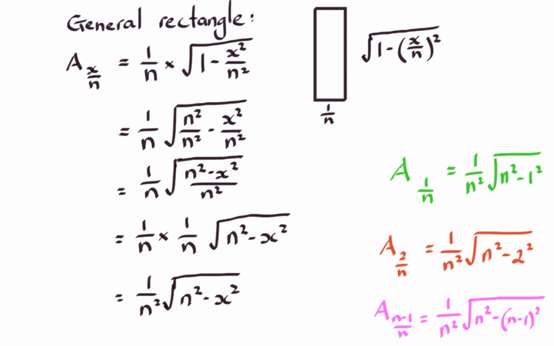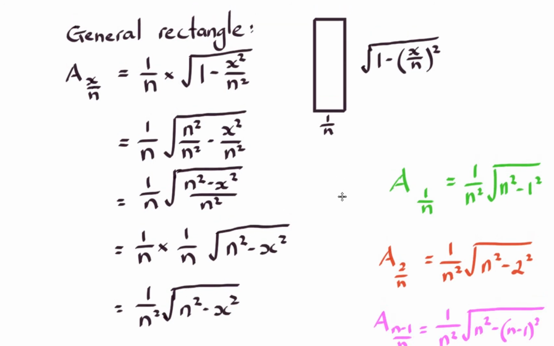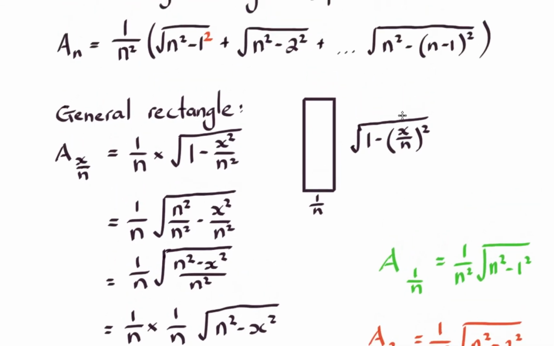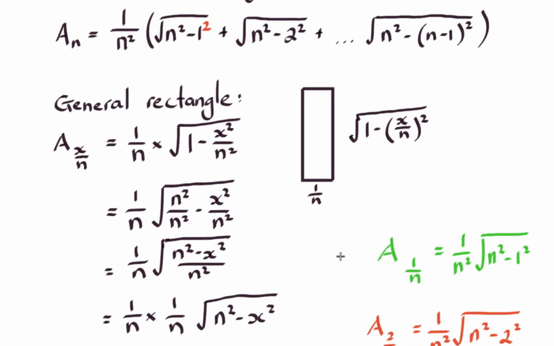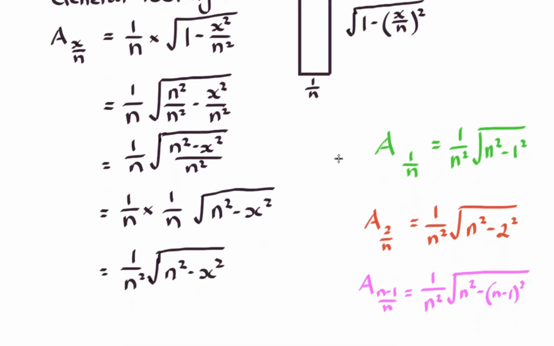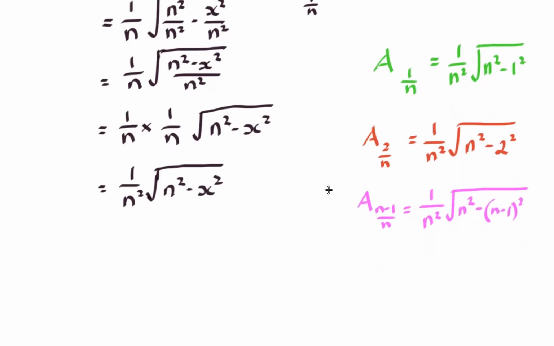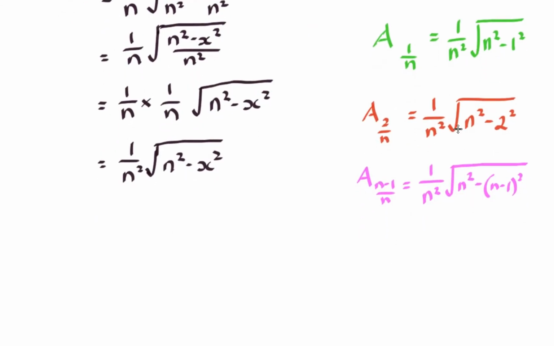When we look back up at the original question here, let's sum all our rectangles together. Our first rectangle and our second rectangle all the way through to our last rectangle.